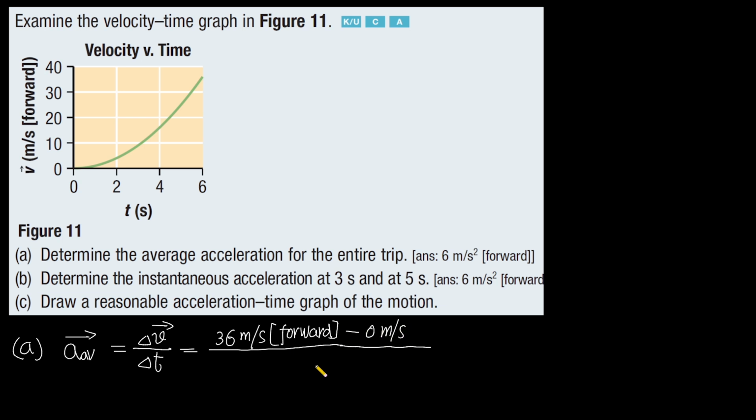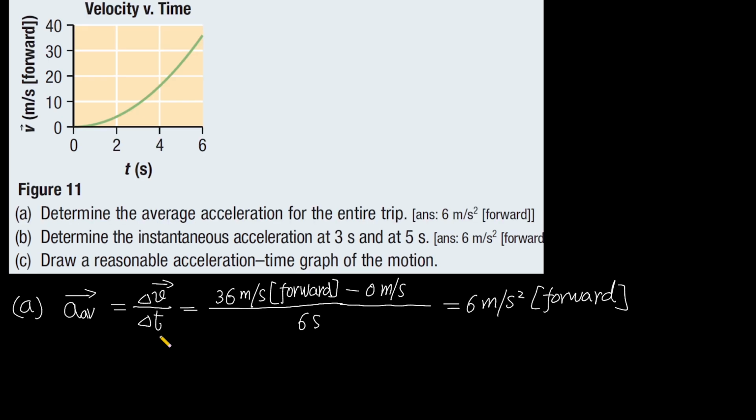And the time interval is 6 seconds. So this equals 6 meters per second squared forward. So this is the average acceleration for the entire trip.